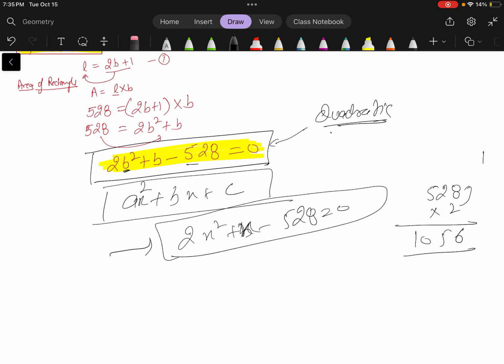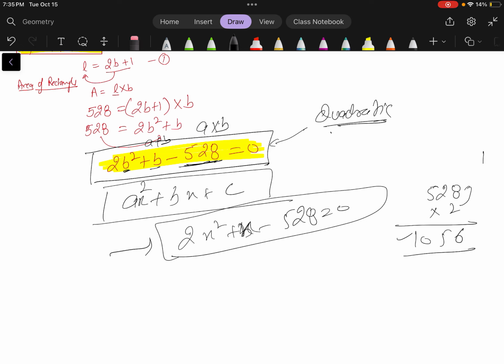Okay, so this one is the multiplication of A into B, and this one is the addition of A plus B. So we have to find the values where we multiply, then we get this one.